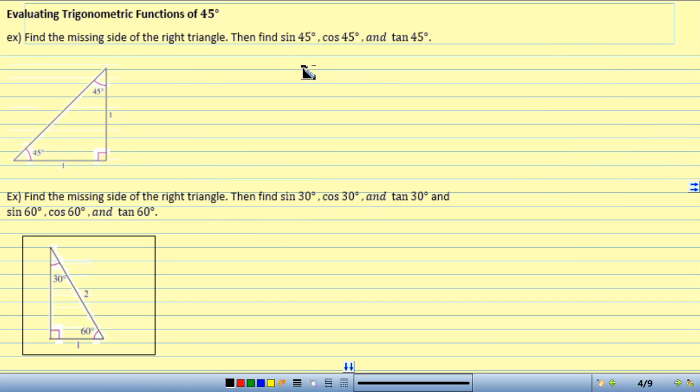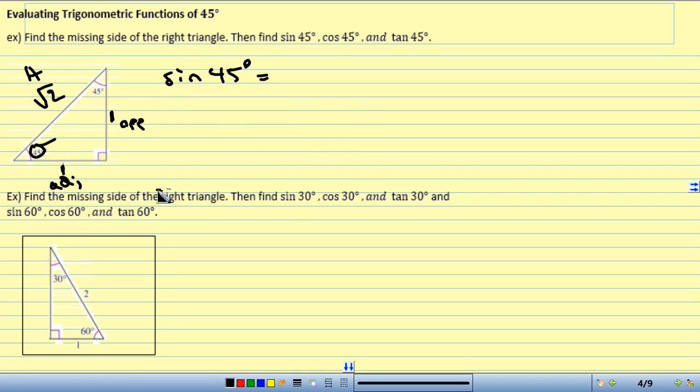So you need to find the missing side, then find sine of 45, cosine of 45, tangent of 45. They said that the missing sides here are 1. Well, if that's the case, then this side is just square root of 2. It doesn't really matter which one you choose, so I'll choose this one as theta. So that means opposite, adjacent, hypotenuse.